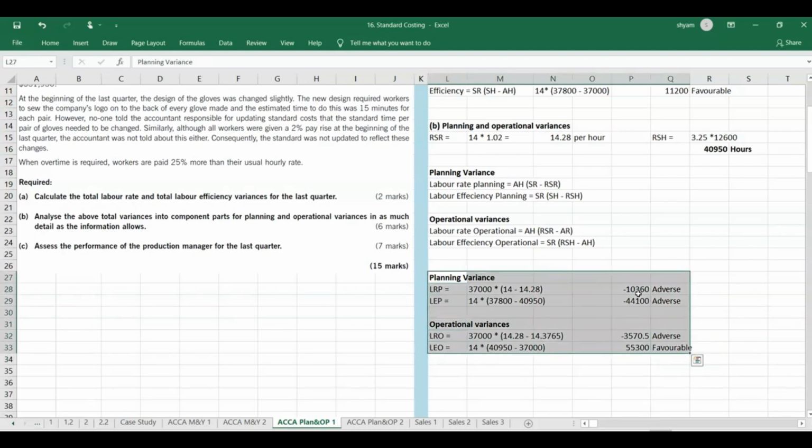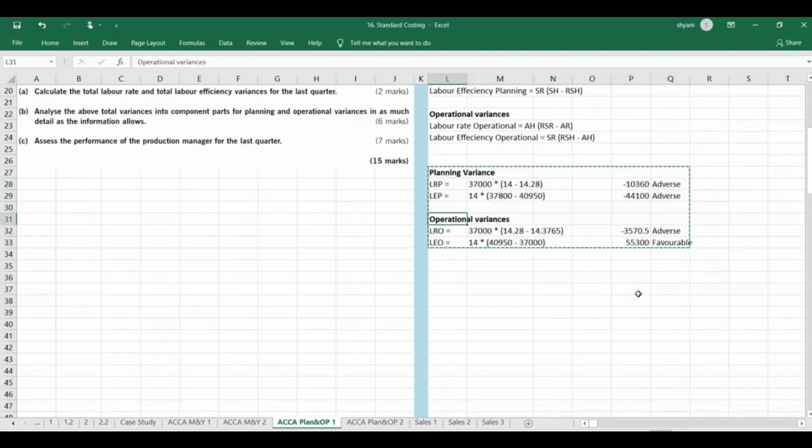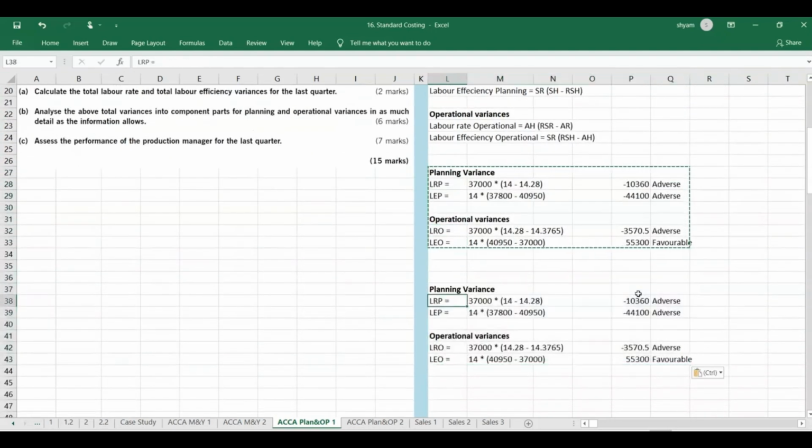If we do it in another manner, it's quite easy to get an idea. Just wait. Rather than putting it as planning, if I put labor rate variance and labor efficiency variance, it would be quite different. Just check here.